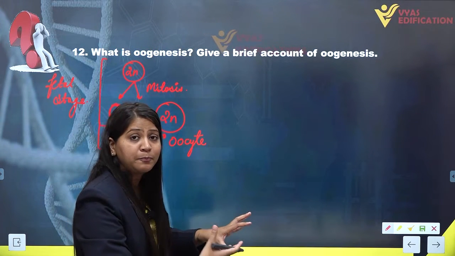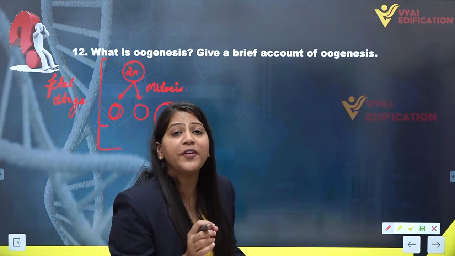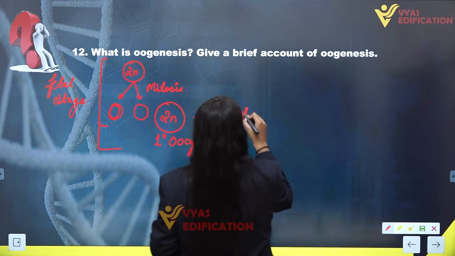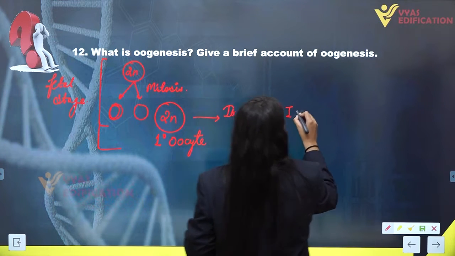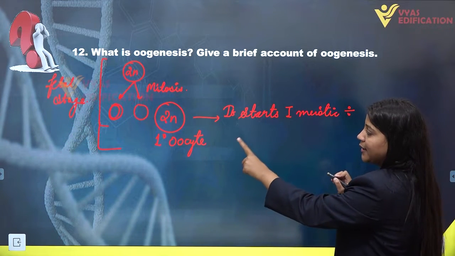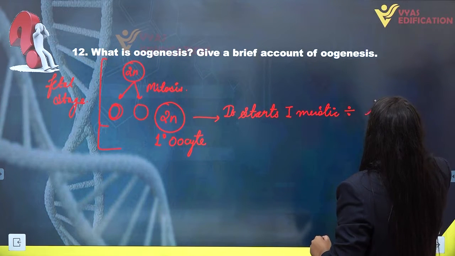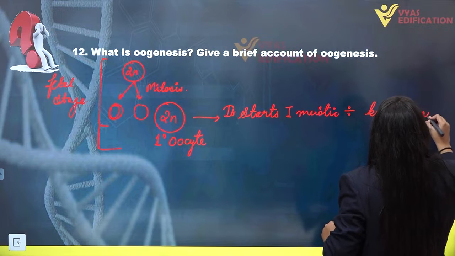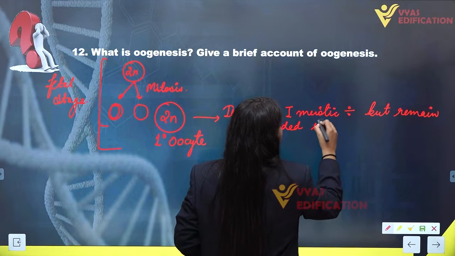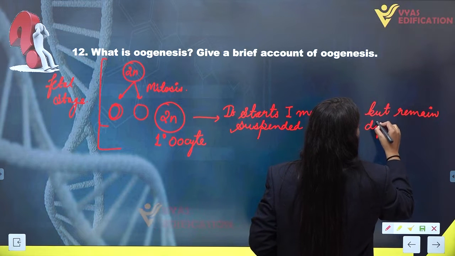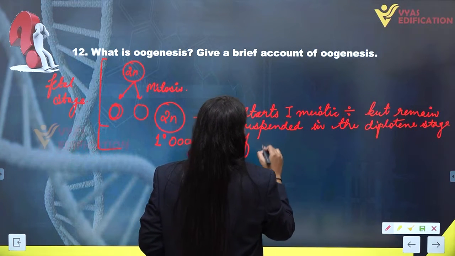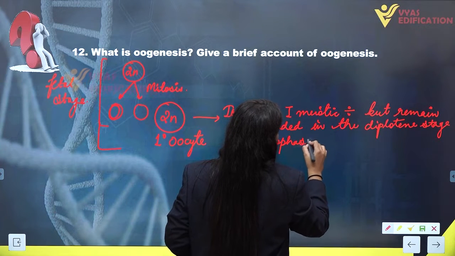It will remain suspended in the diplotene stage of prophase 1 of meiosis 1. So I am writing here: it starts the first meiotic division in the fetal stage only, but remains suspended in the diplotene stage of prophase 1.